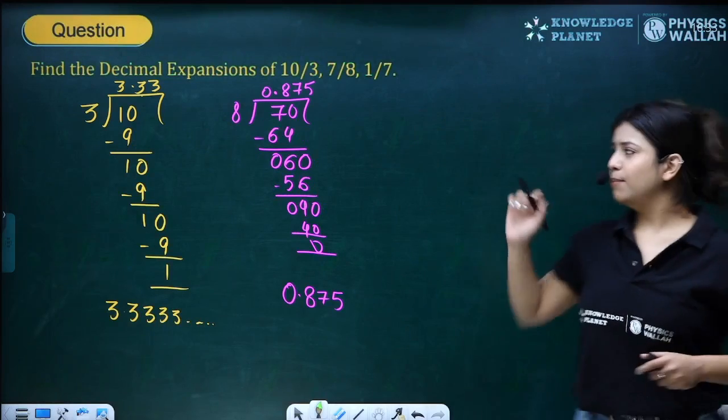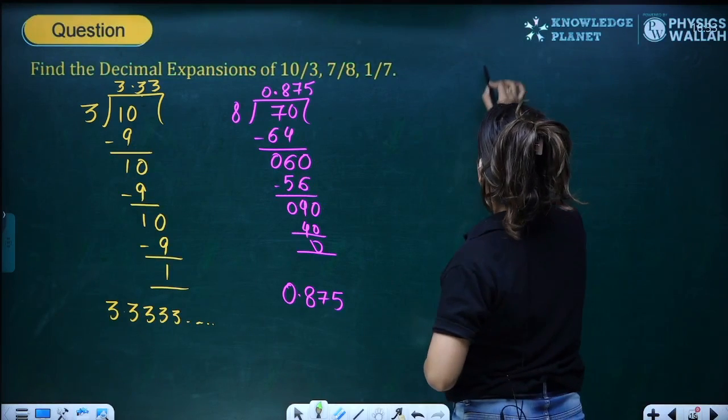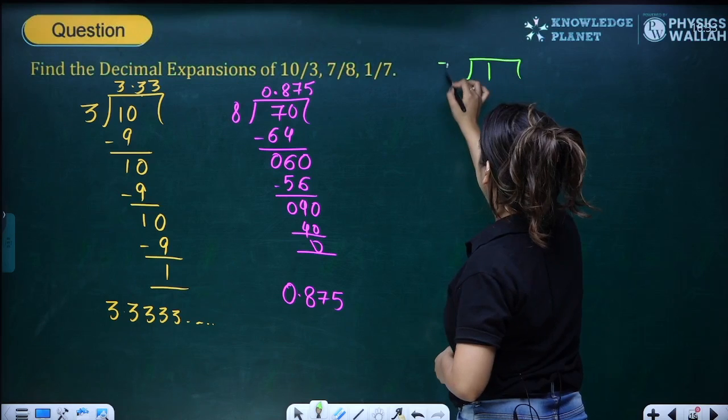Now the third number that I have is 1 by 7. That is 1 divided by 7.